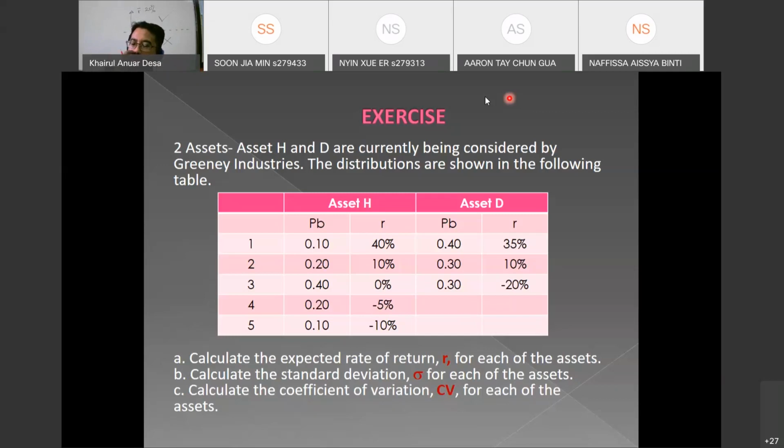Aminuddin, please double check your answer. Okay, siapa yang dah dapat?